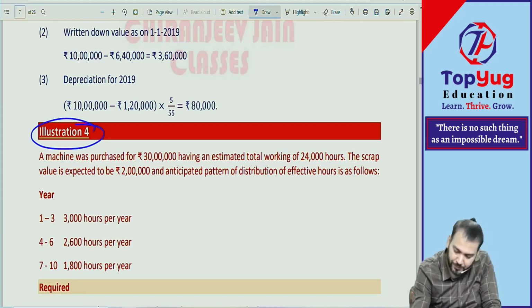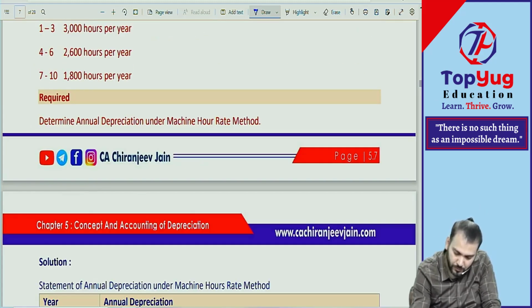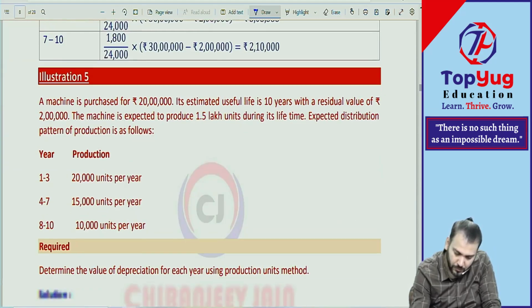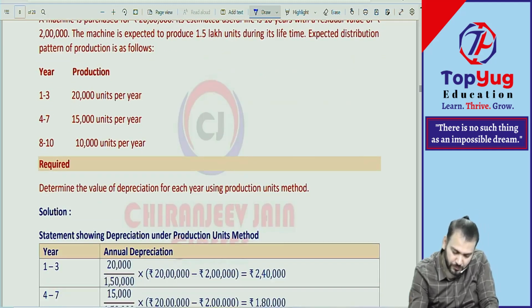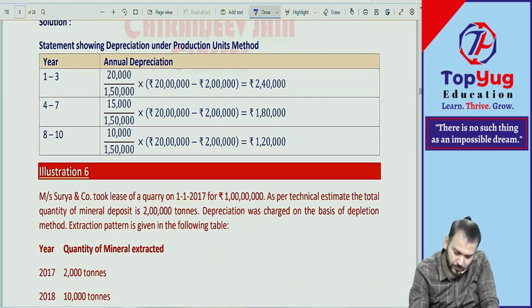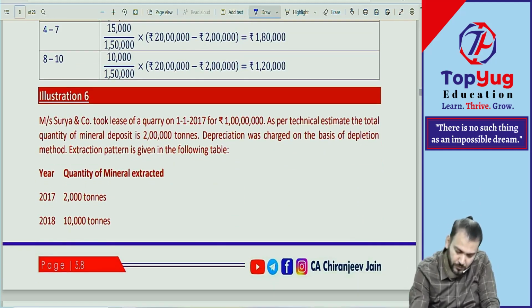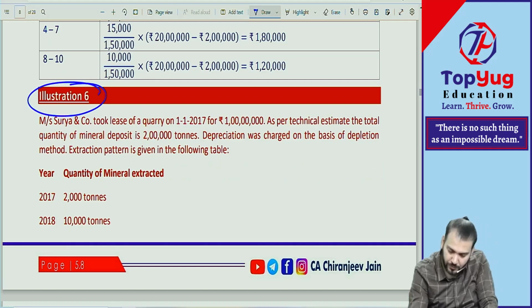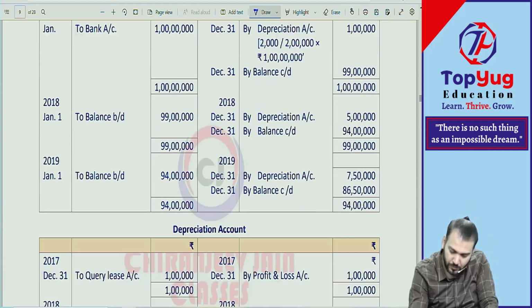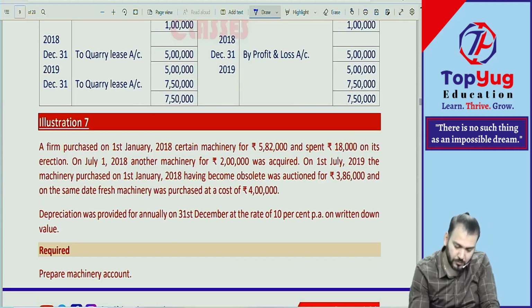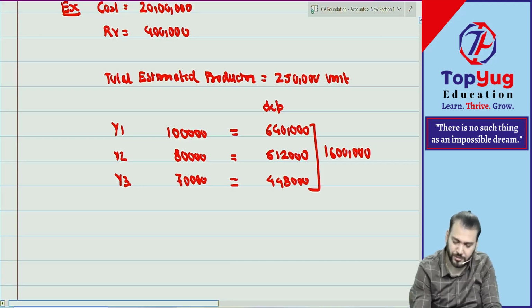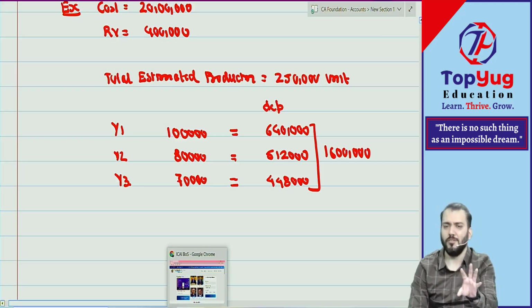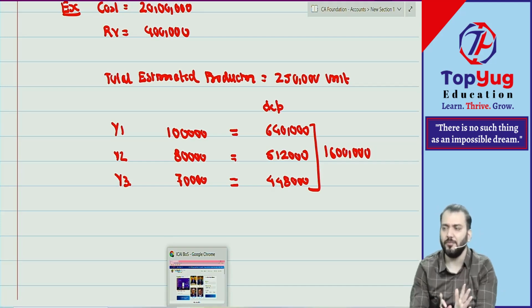Four homework. Five homework. Six homework. This much homework. Means all one question has been given. Illustration, just check whether we have understood or not.